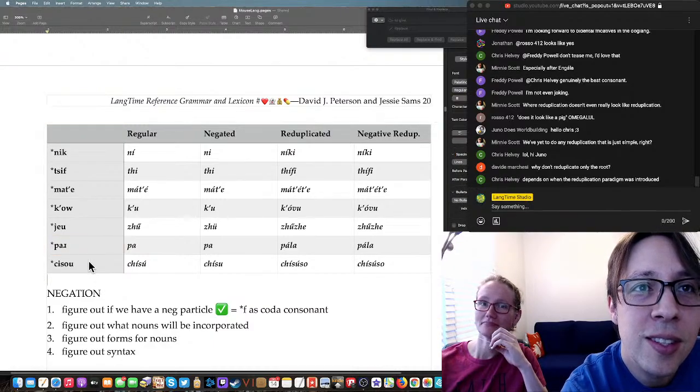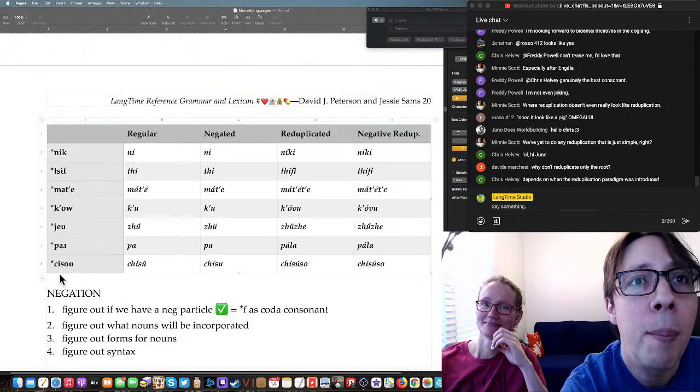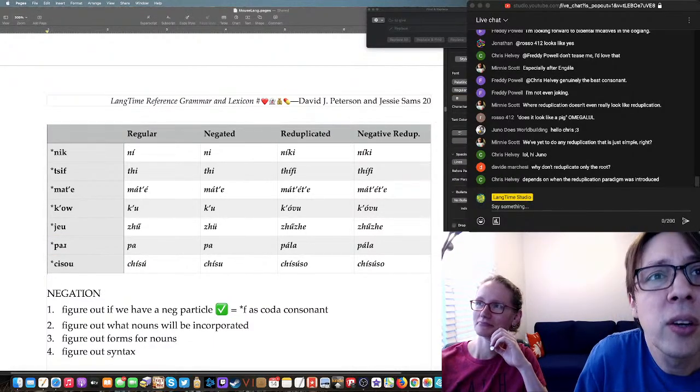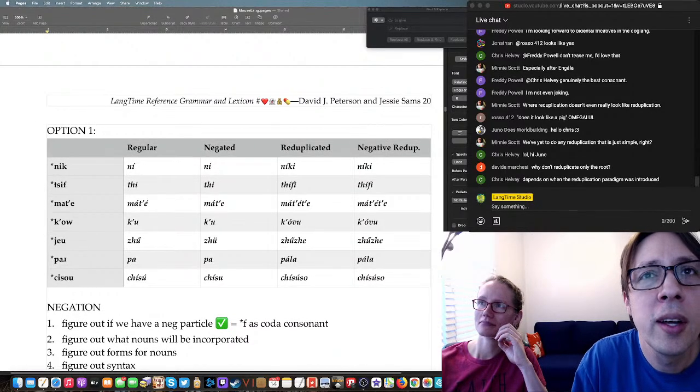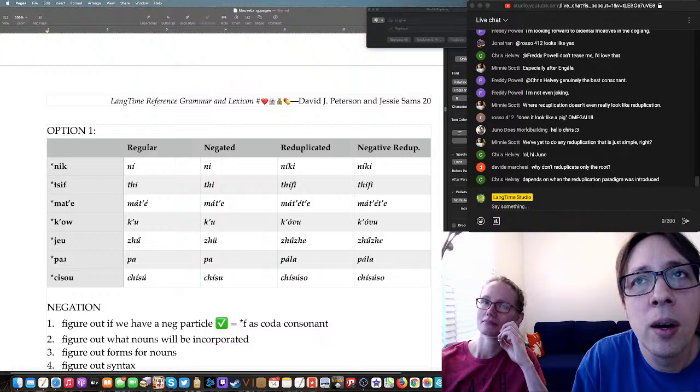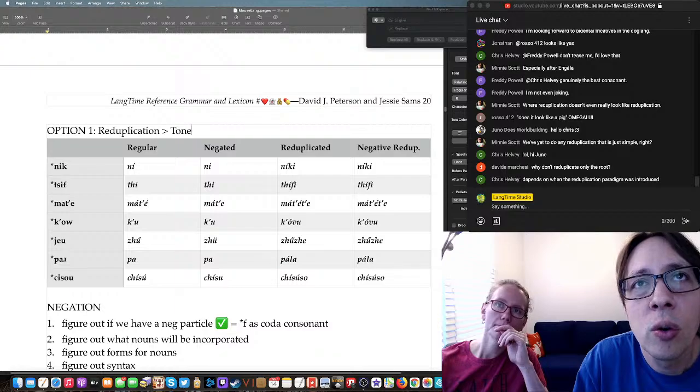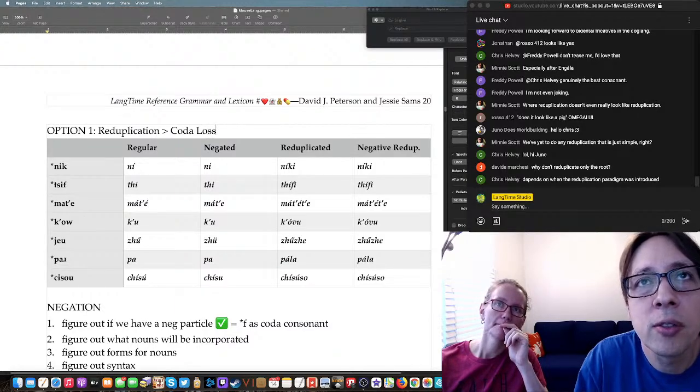Okay, so this is done, so we're going to copy this table. We're going to call this option 1, reduplication, tone, reduplication, then coda loss.